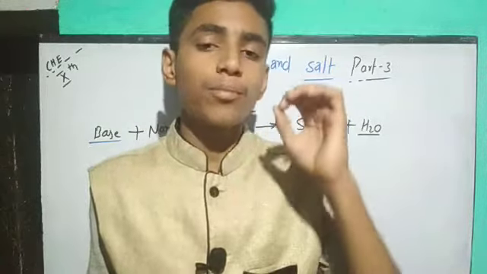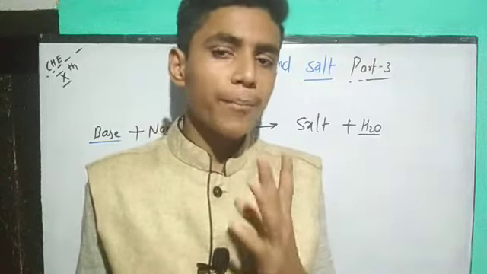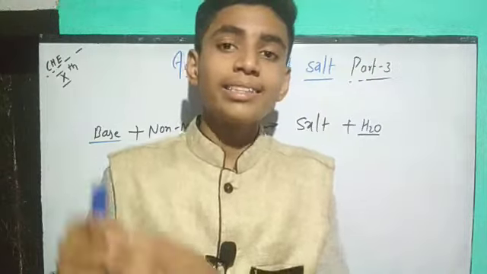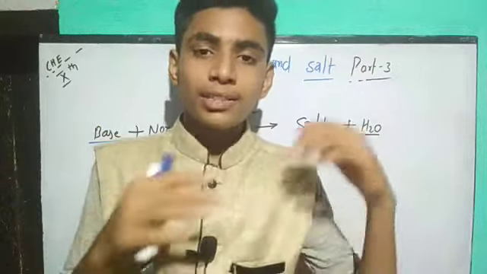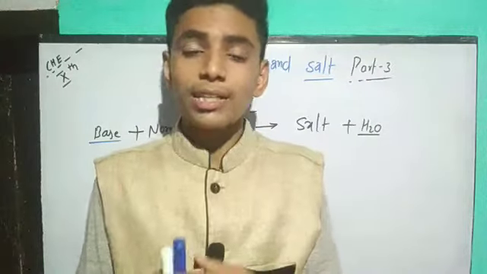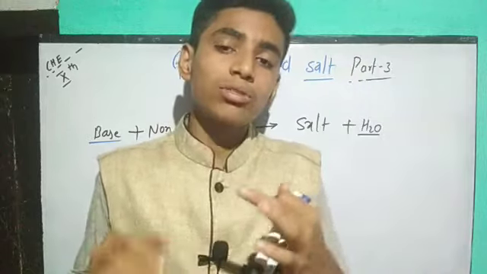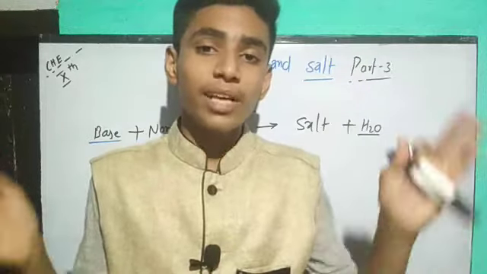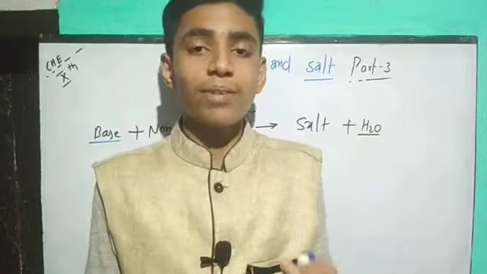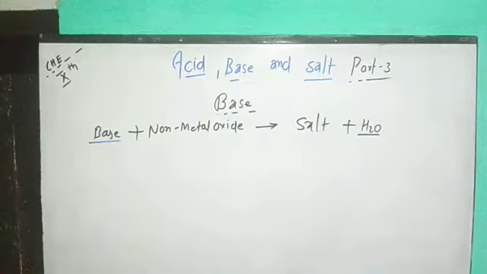Yes, approximately, 100% it is the same. But the main point is whether the person is asking as a reaction or as a general. Whenever they ask as a general, it is clear. But whenever they ask in case of any reaction, then we have to say no, because there we have to balance.